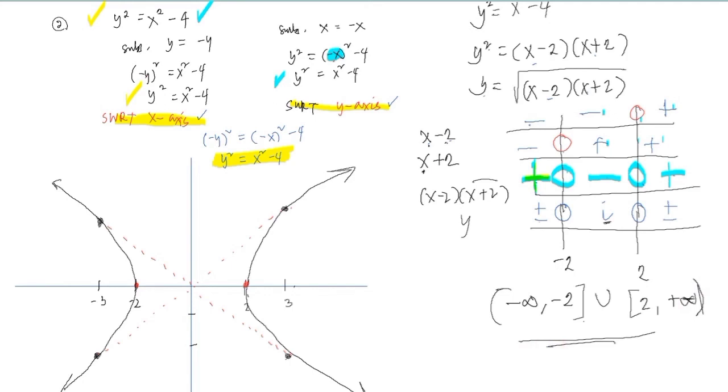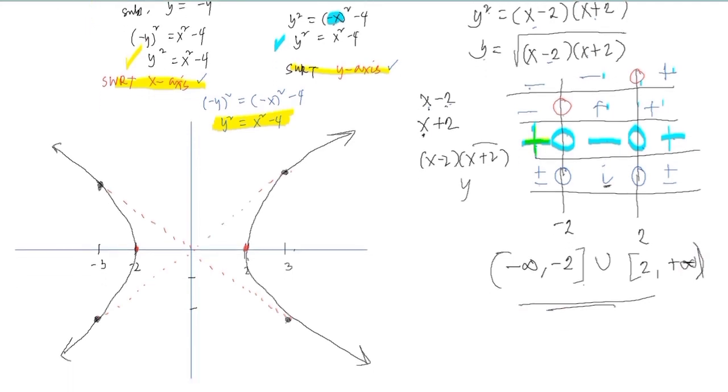Yun tinatawag nating domain. Pag sinabi nating domain, saan nag-i-exist yung function? So, paano natin sasabihin yon in algebraic expression?